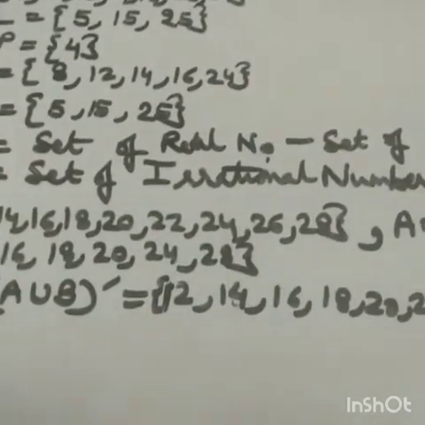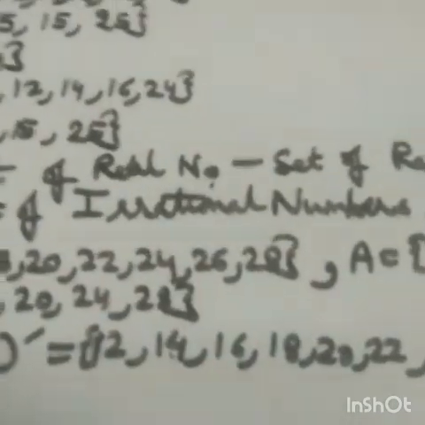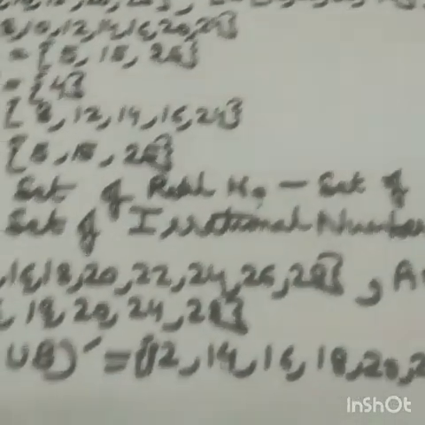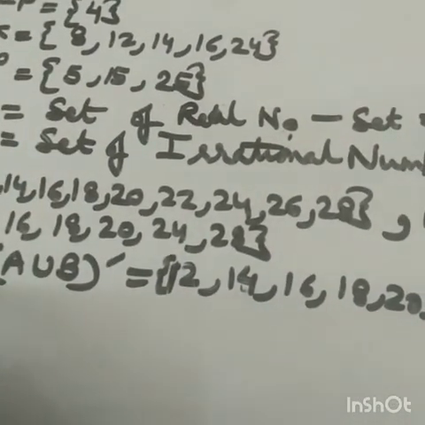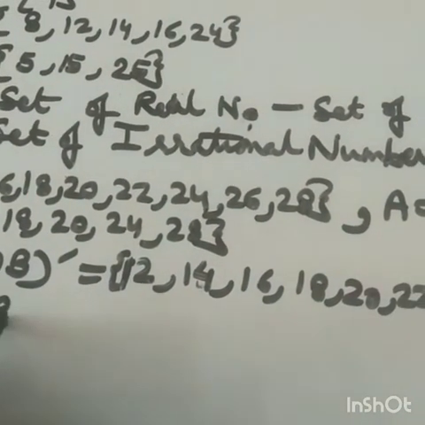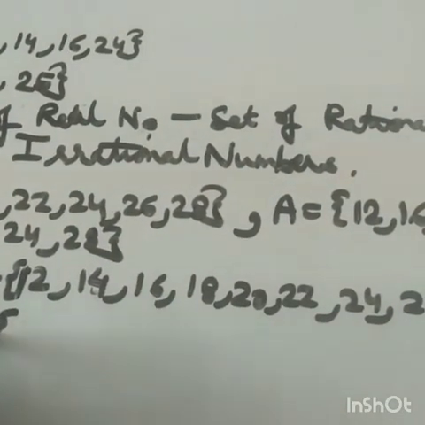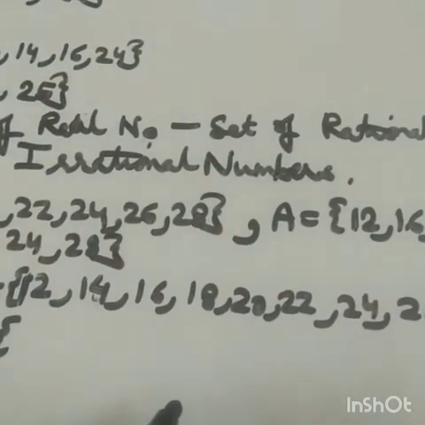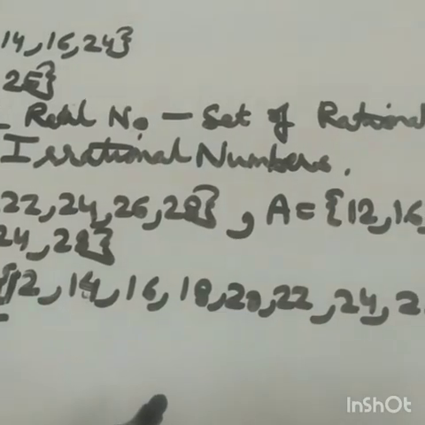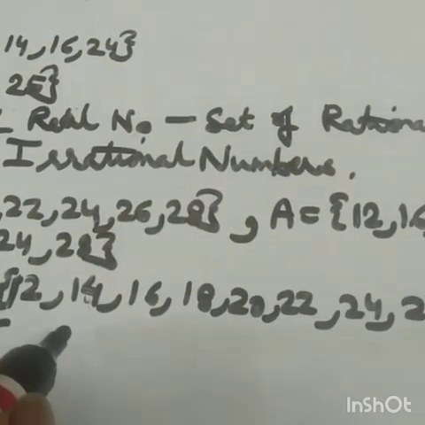Now we will do right hand side. For right hand side, A complement intersection B complement. What is A complement? A is 12, 16, 18, 22, 26. So 12 is there, 16 is there.